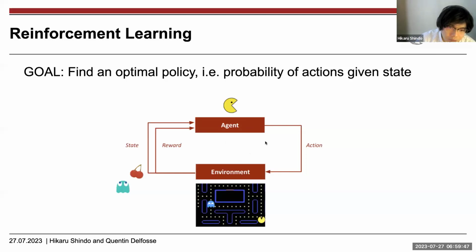Then the environment returns the reward and state, and the agent can know the next state and also how good the action was. The task is to maximize the cumulative reward, that means performing better and better by trial and error through interacting with the environment.